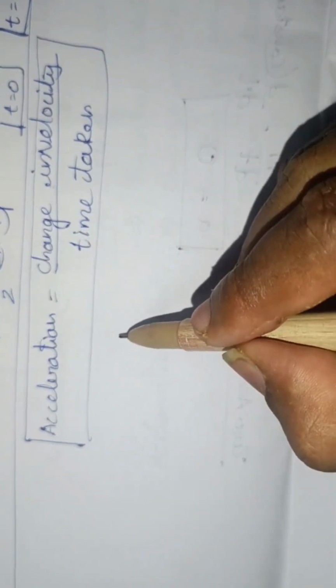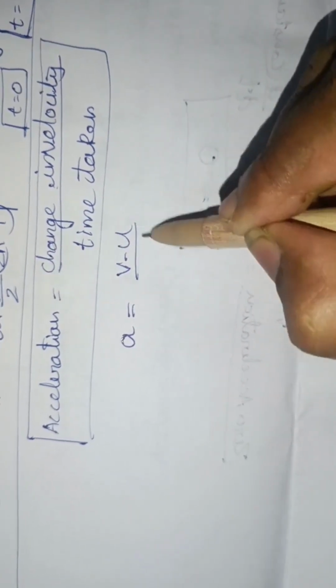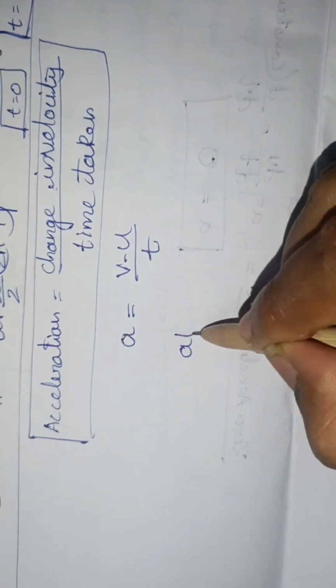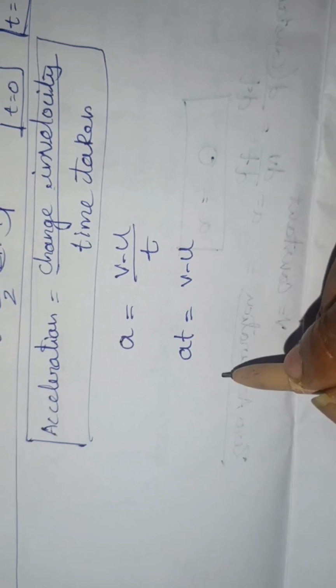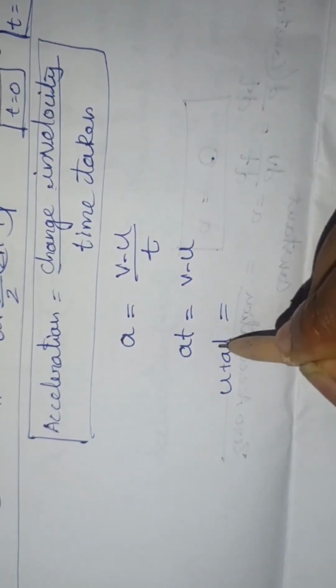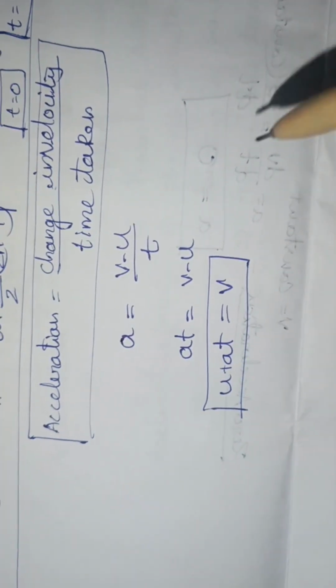We can also write it in the form of abbreviation: a is equal to (v minus u) by t. If we go for cross multiplication, a into t is equal to v minus u, or we can write it as u plus at is equal to v.